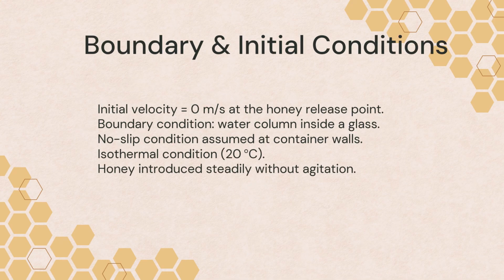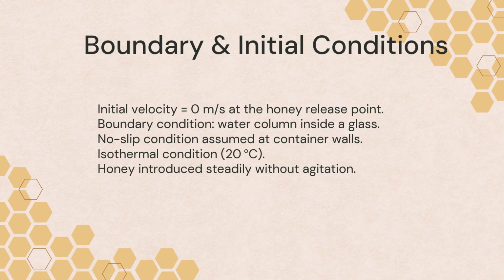Also, I made sure to define the boundary and initial conditions clearly. At the moment I released the honey, I assumed the initial velocity was zero, basically it started from rest. The boundary was the water column inside the glass I used, which helped contain the fluid and define the space the honey was moving through.